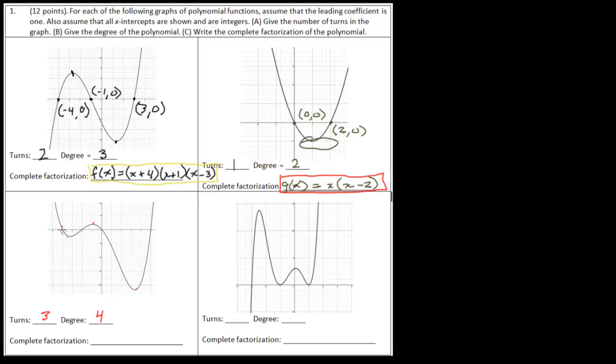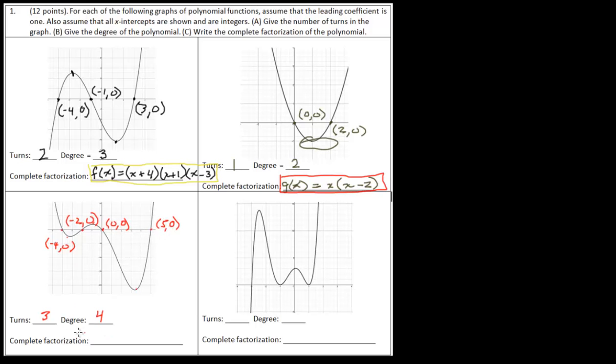We see an intercept at -4, 0, an intercept here at -2, 0, an intercept at 0, 0, and here at 5, 0.